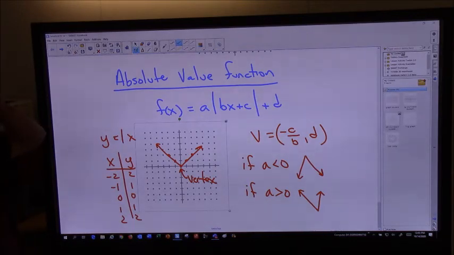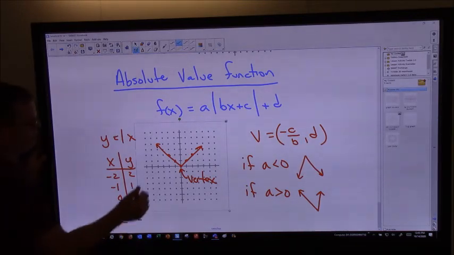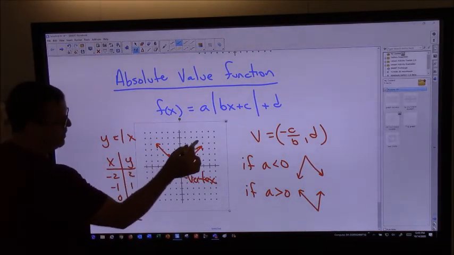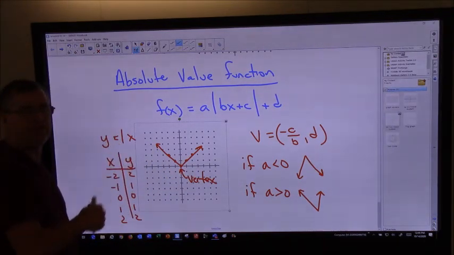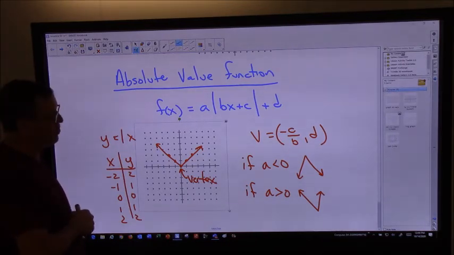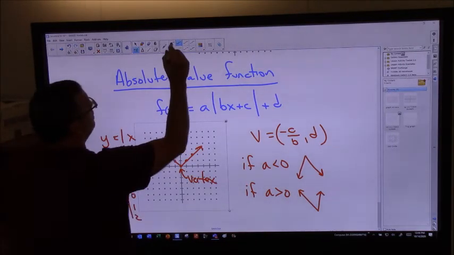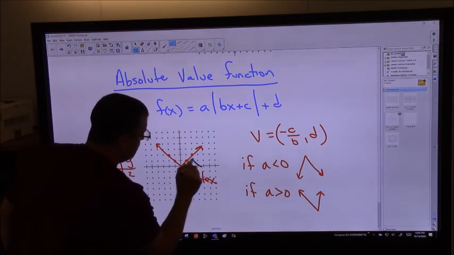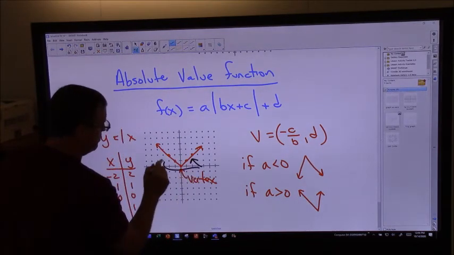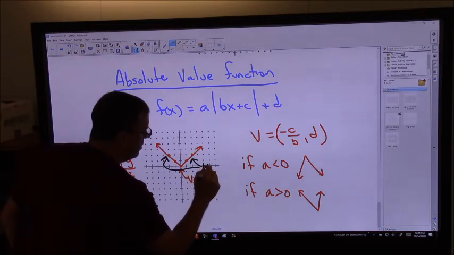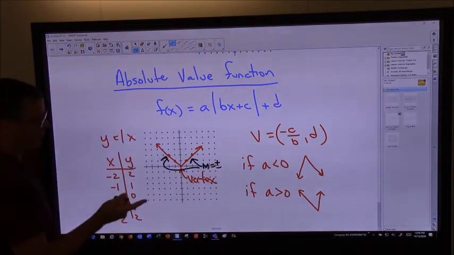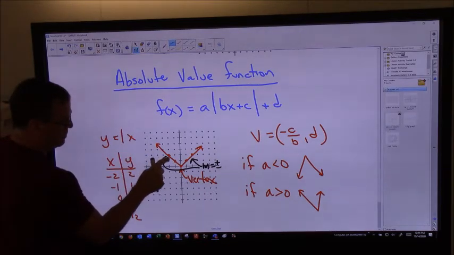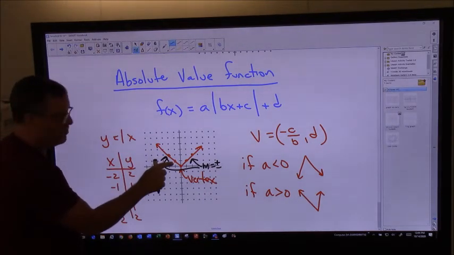So the only other thing we really need to know is how steep are these lines? I mean, if they're lines, they should have a slope associated with them. All right? And so as it turns out, the slope of these two lines is going to equal plus or minus. Now, the reason we say plus or minus is this is a negative slope because it's going down as you go left to right.